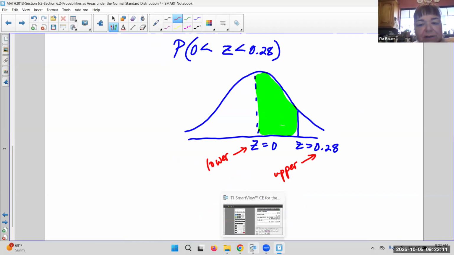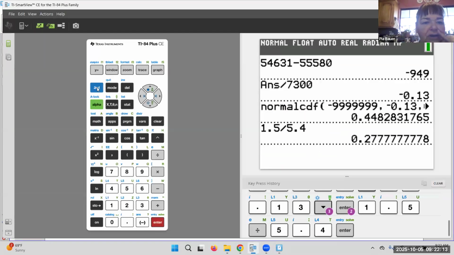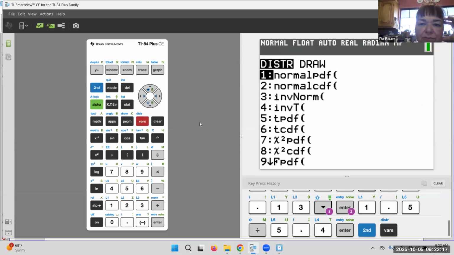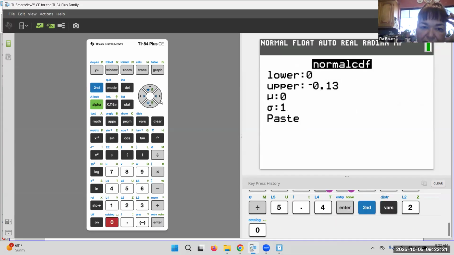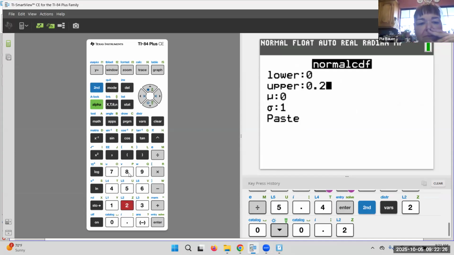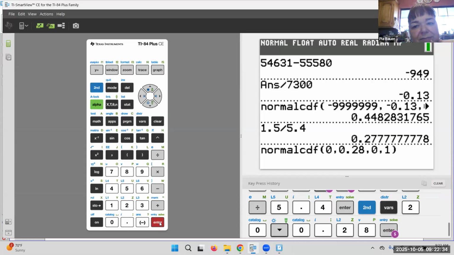So I'm going to go to the calculator. So I go second vars, option 2, and the lower is 0, and the upper is that 0.28. Press enter, enter, until you go to the word paste, press enter again.